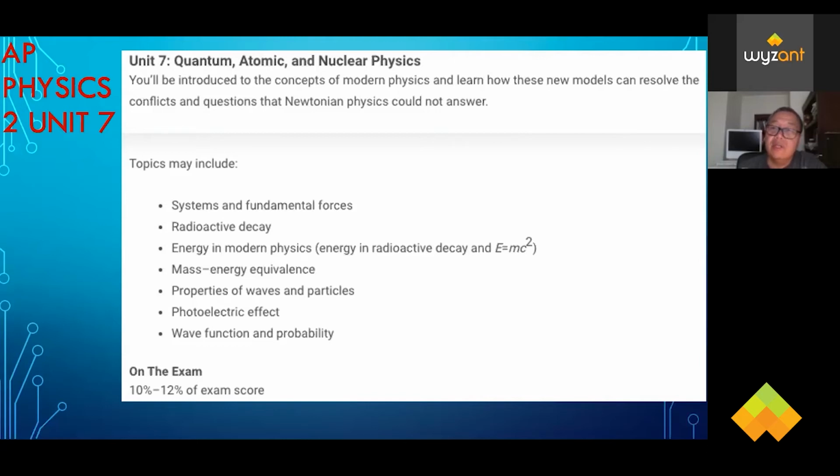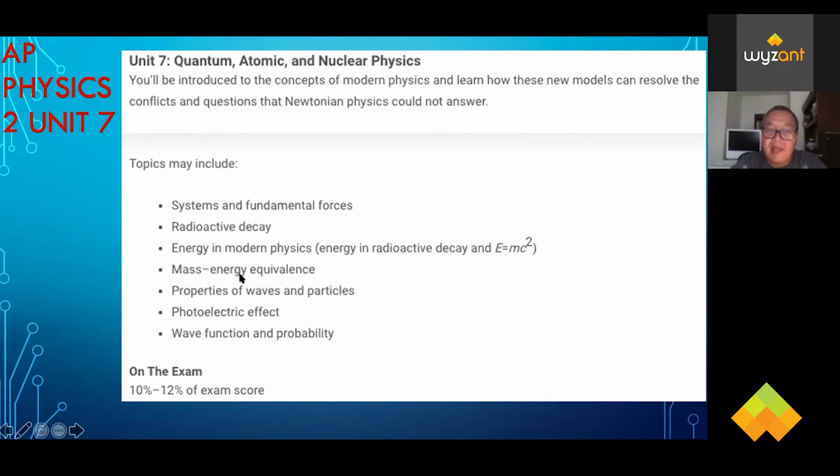So in this unit, the topics may include systems and fundamental forces, radioactive decay, energy in modern physics, energy in radioactive decay, and this very famous formula, the Einstein formula, energy E equals m times c squared.